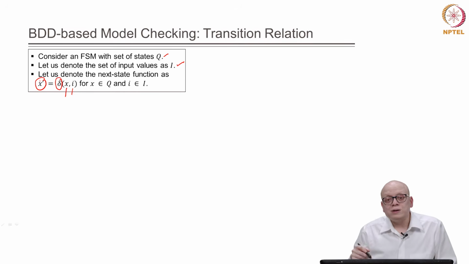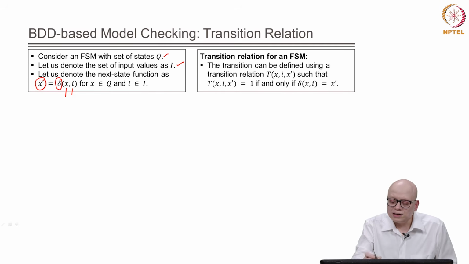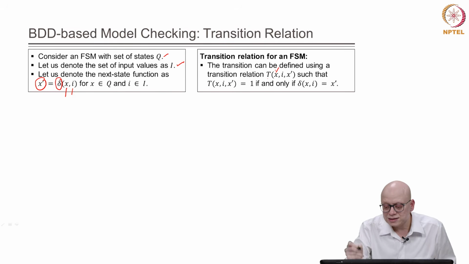Now, we can also represent this FSM transition in terms of a transition relation, okay. And how can we do that? The transitions of the states in an FSM can be defined using a transition relation T, which takes as input the current state, the input and the next state.